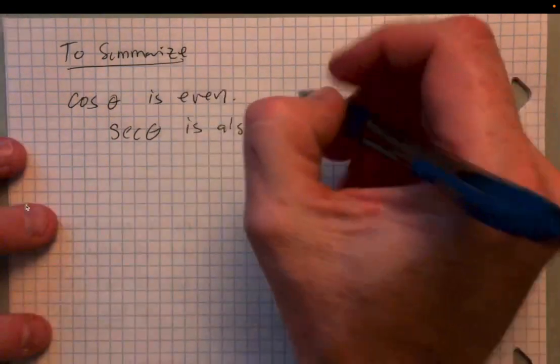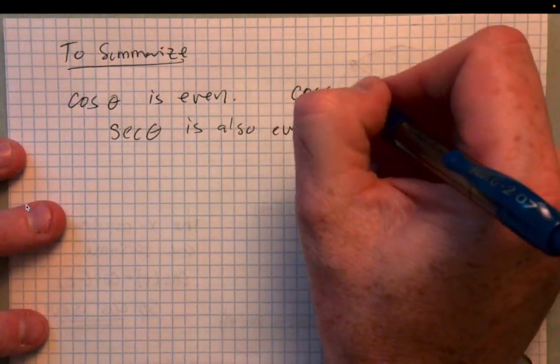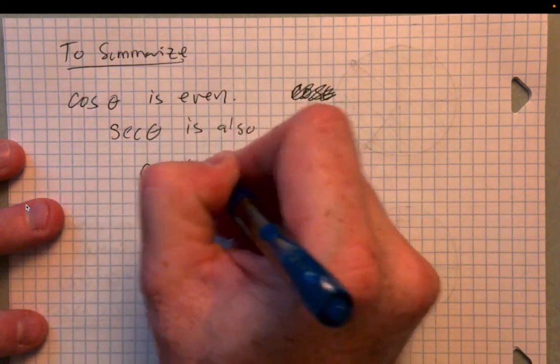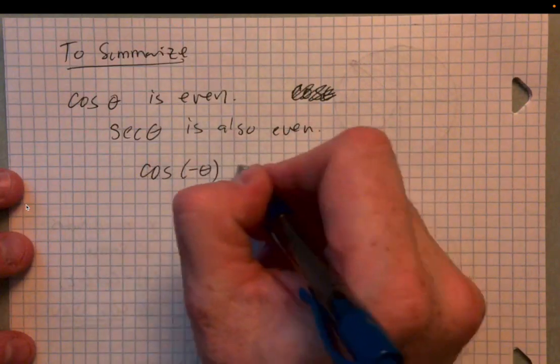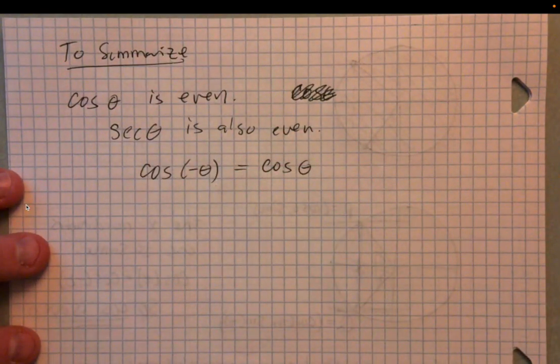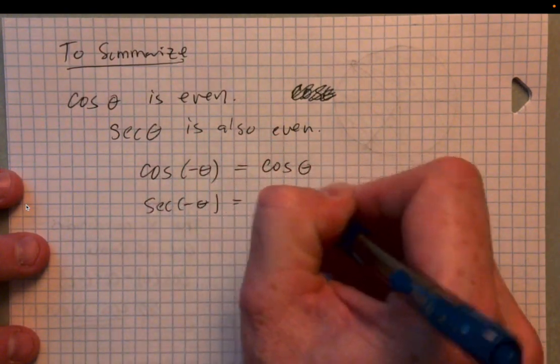Right? So what does that mean? It means that the cosine of negative theta, there's different ways to write cosine. I want to make sure I'm writing it the same way each time. So cosine of negative theta is equal to the cosine of theta. And we know now that the secant of negative theta is equal to the secant of theta.